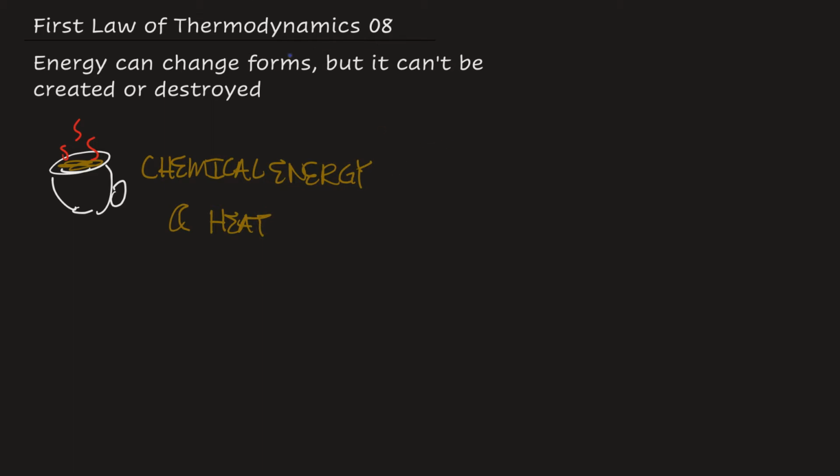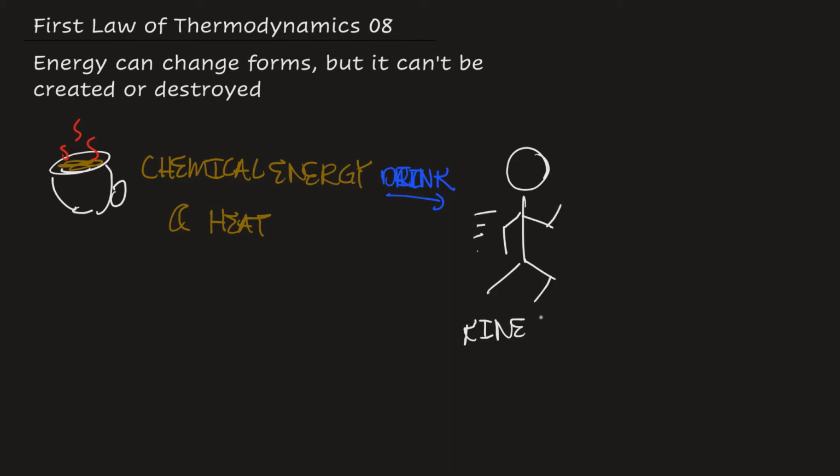And when someone like you or I drink this cup of cocoa, we can convert it into different forms of energy. So for example, something like kinetic energy by running, or we could do something else like lifting weights.